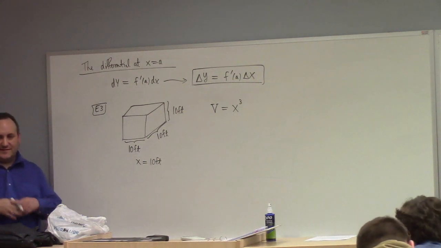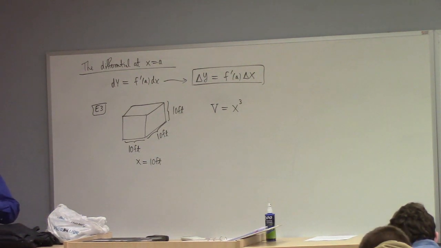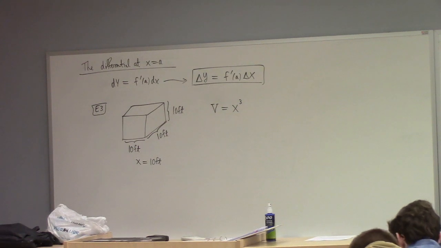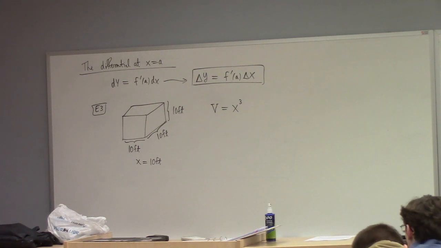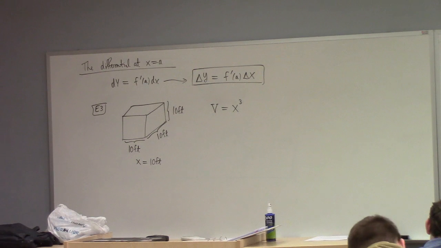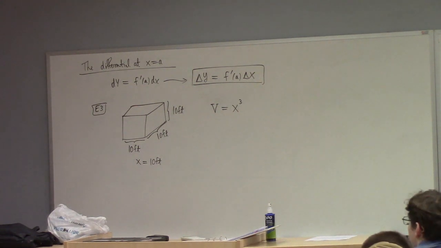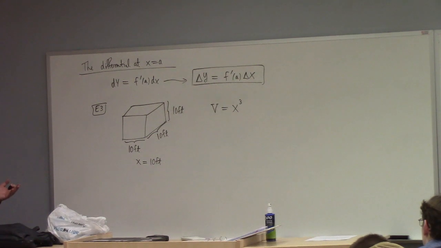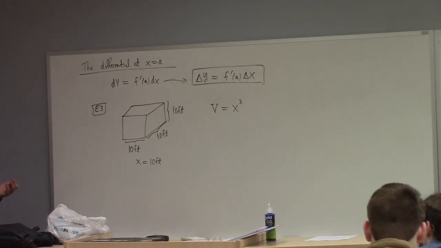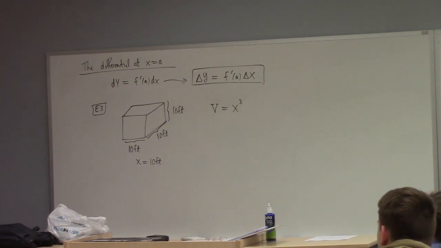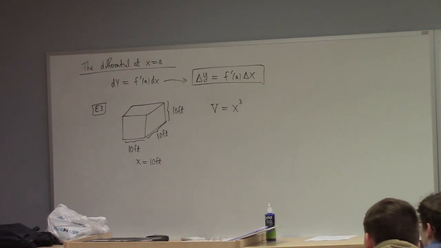Now you say, well, that has nothing to do with the differential yet. Now imagine that this measurement of 10 feet is a physical measurement. Every physical measurement comes with some uncertainty. Can you measure exactly 10 feet? You might say, I've got a laser measurer and it's very accurate.